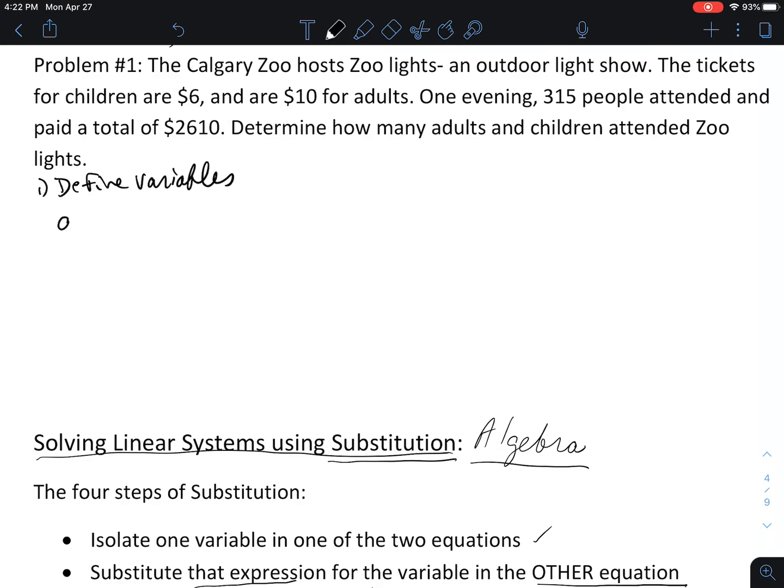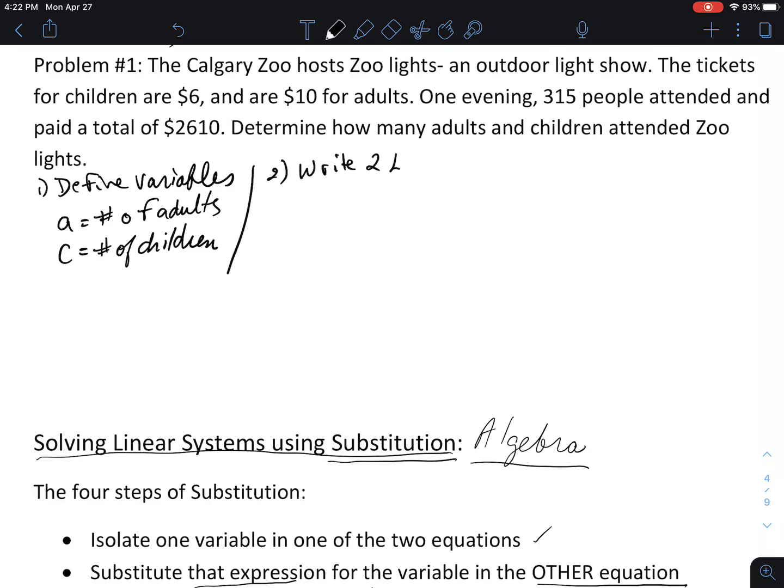So what we want to do first is define the variables. I'm going to use the variables A and C, A being the number of adults, and C being the number of children. And then, secondly, I want to write my two equations.